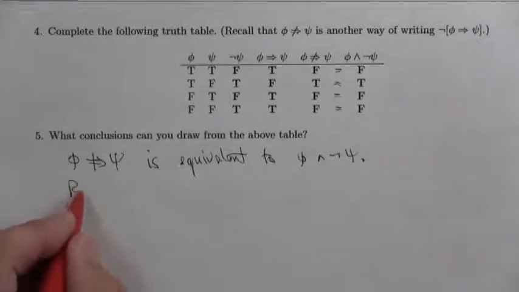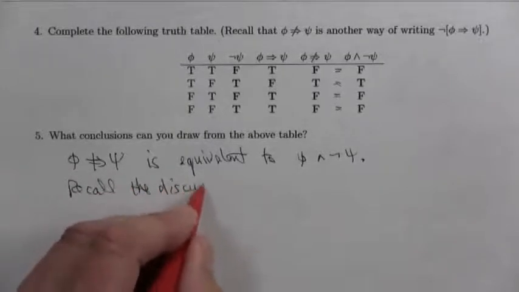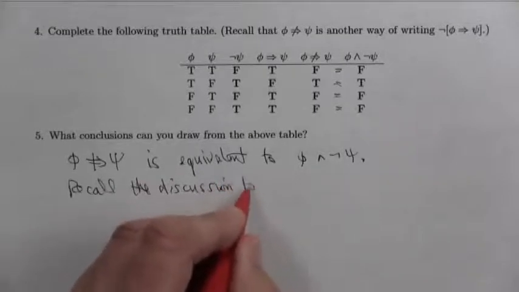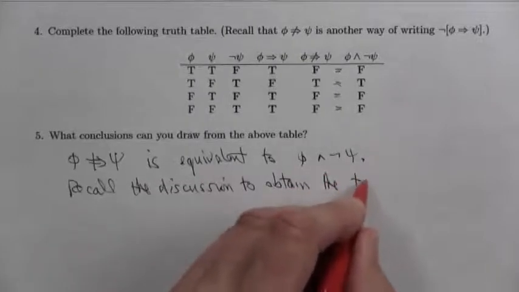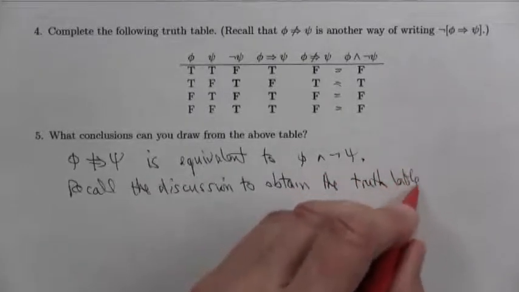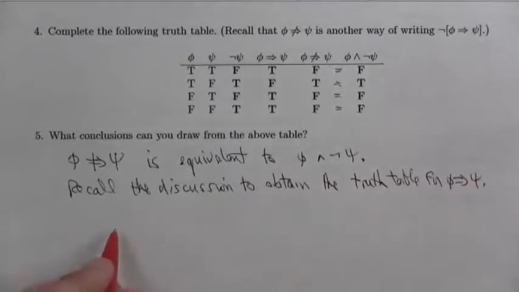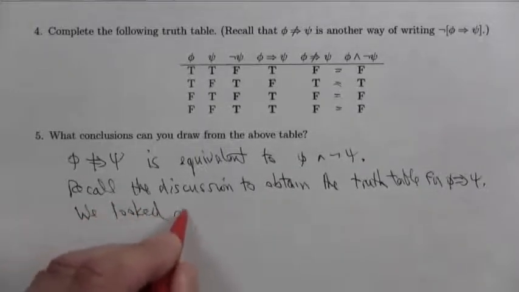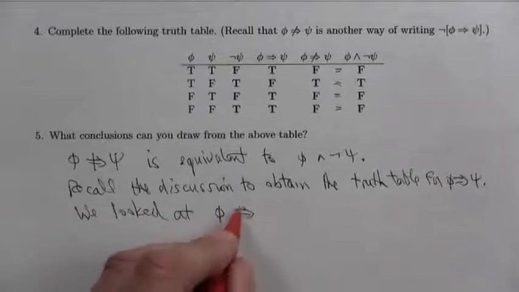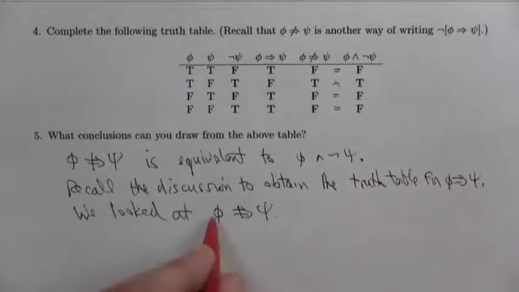And in fact, what I'd like to do now is just recall the discussion we had to obtain the truth table for phi yields psi. If you remember, to do that, we had to look at phi does not yield psi. In order to find the truth values in the case where phi was false, we ended up having to look at phi does not yield psi.